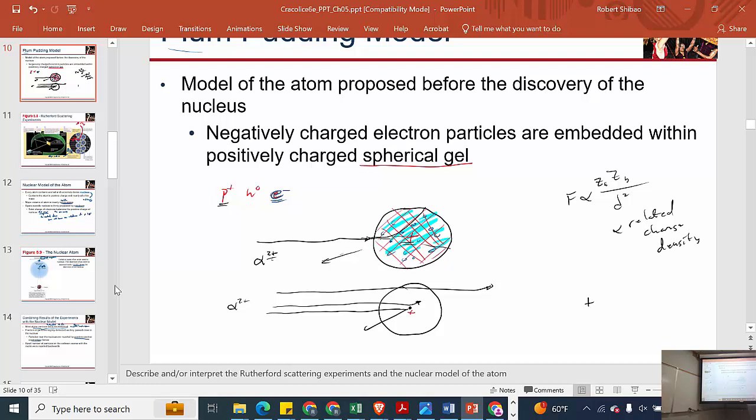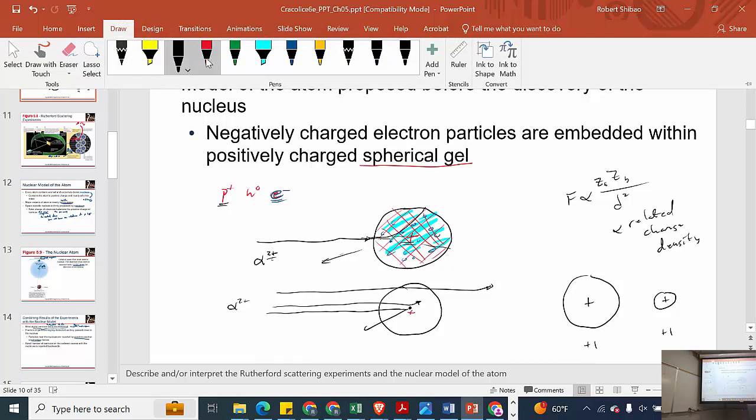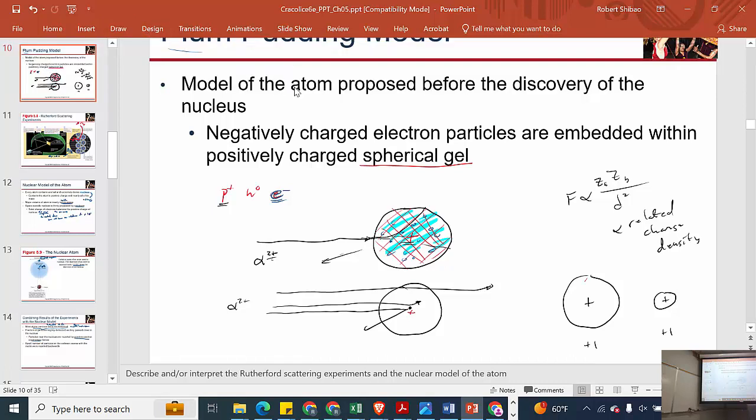So let's say you have a positive charge spread out over a large volume versus a positive charge spread out over a small volume. And you think, okay, this one is +1, this one is +1, so do they behave the same? Would you expect these two to behave the same? Yeah, you'd expect them to behave the same because they're both +1.